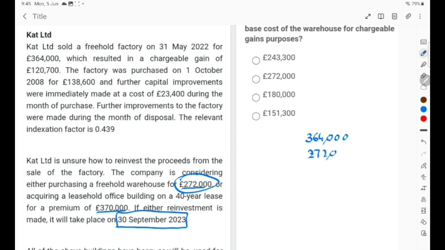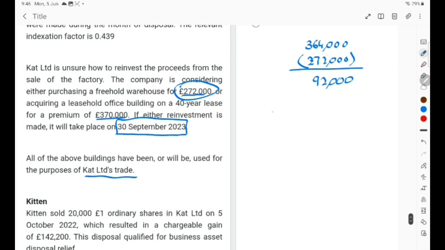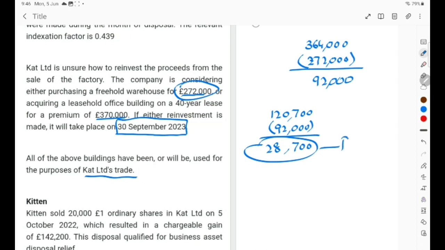So the amount not reinvested is the difference of these two, which is 92,000. So out of the total gain of 1,20,700, 92,000 is immediately chargeable. So the remaining amount of 28,700 can be rolled over.